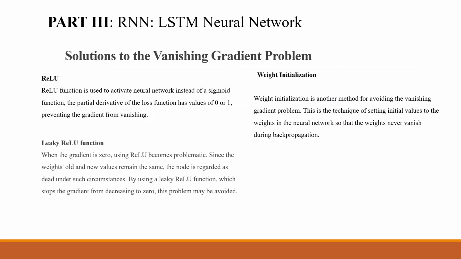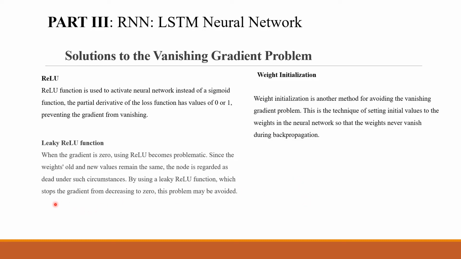Some of the solutions to the vanishing gradient problem are using the ReLU function, the leaky ReLU function, and weight initialization. The ReLU function is used to activate the neural network instead of a sigmoid function. The partial derivative of the loss has values of 0 or 1, preventing the gradient from vanishing.